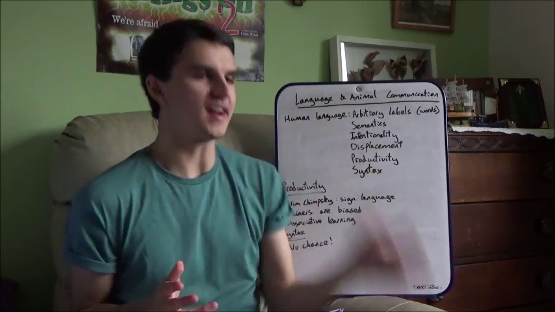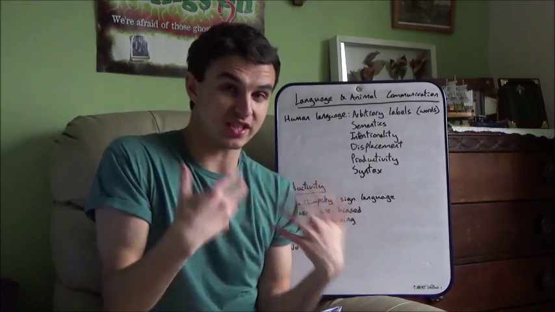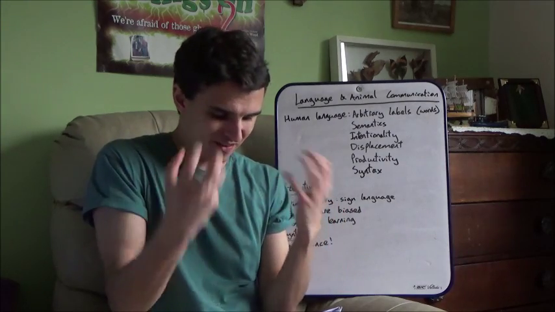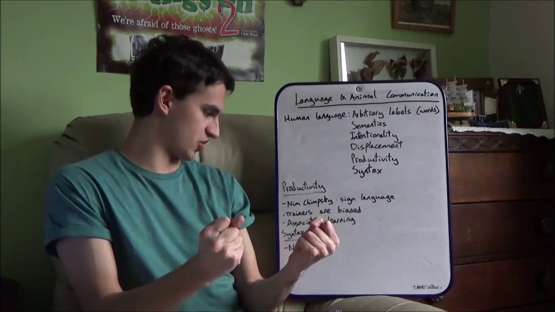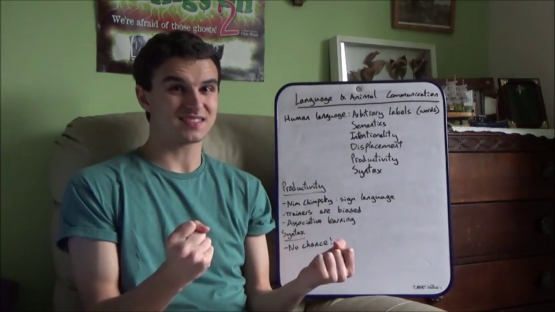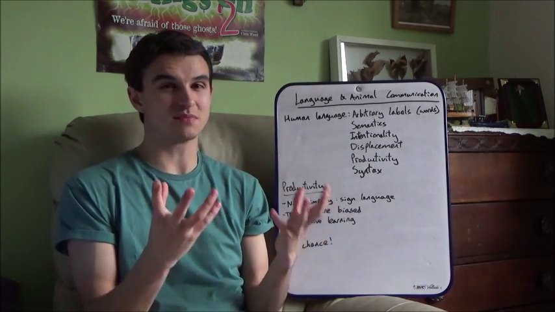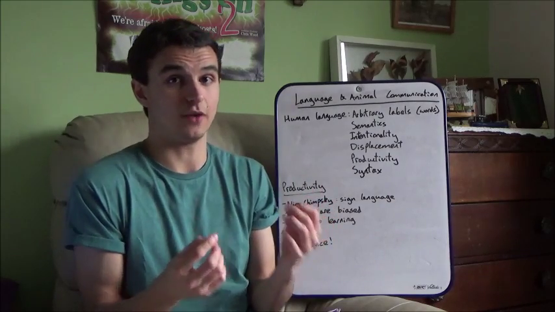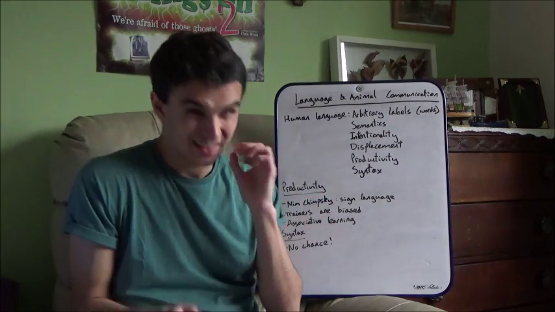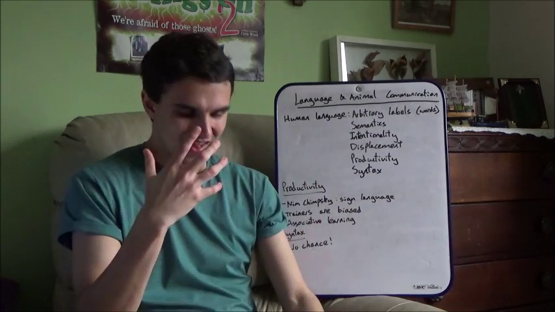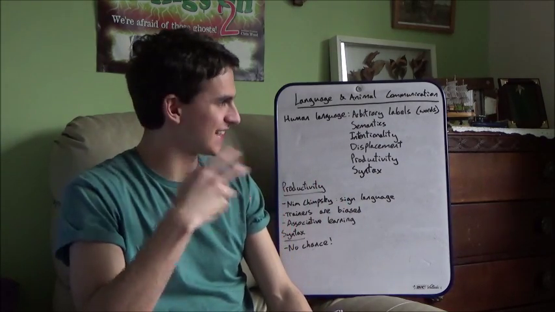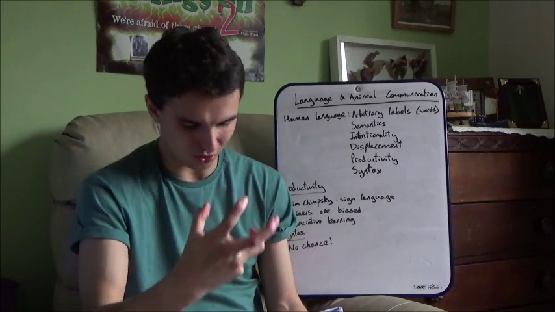And the trainers that usually teach these chimps these things are very biased because they want their chimp to show communication, whereas the ethologists may just see this as a form of associative learning. There's very little evidence that chimps can construct sentences, and overall, there's very little evidence of productivity in language in animals on the whole.